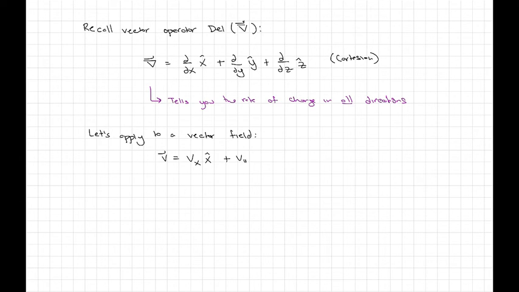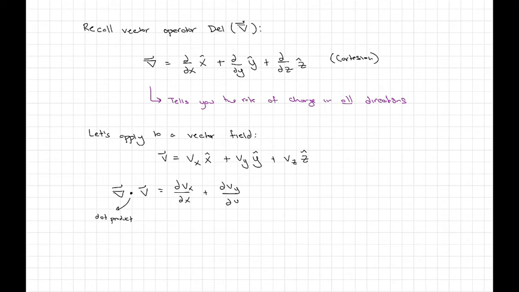Okay, the three-dimensional velocity vector. If I apply it to a velocity field, I'm going to take the dot product of del, so this is the dot product, and I'm going to dot it with that vector. If you guys remember how the dot product works here, that's going to give me the partial derivative of that vector in each of the directions, but I'm going to end up with a scalar.